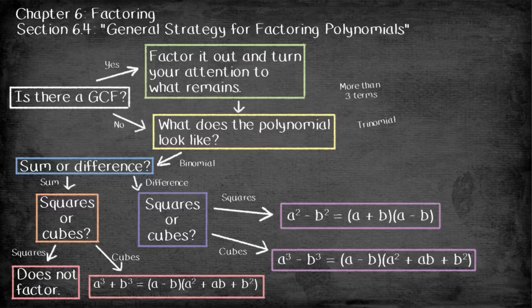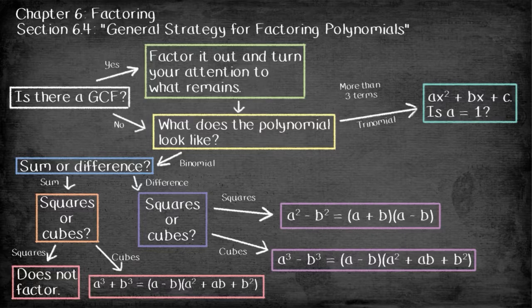So that covers the binomial stuff completely. If it doesn't fall into one of these pockets, you're going to have to try something else, and it is possible, depending on the polynomial, that it doesn't factor. That's always a possibility.